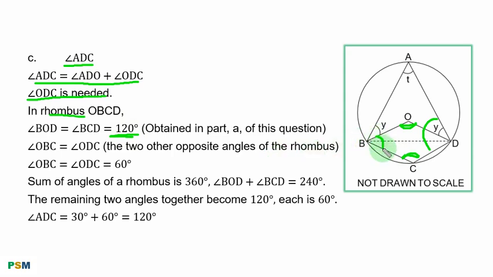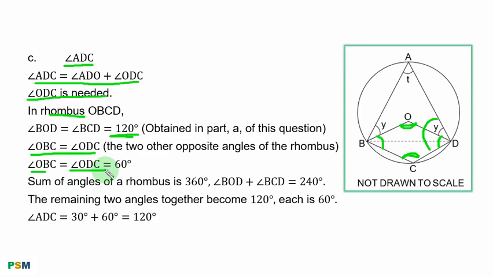These two other opposite angles are also equal. Okay, so you have it in this form. Angle OBC is equal to ODC.